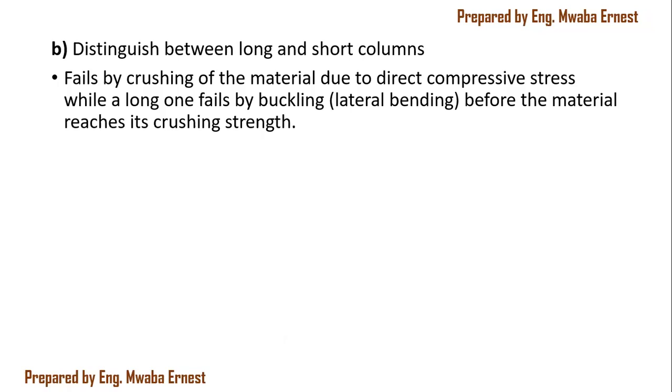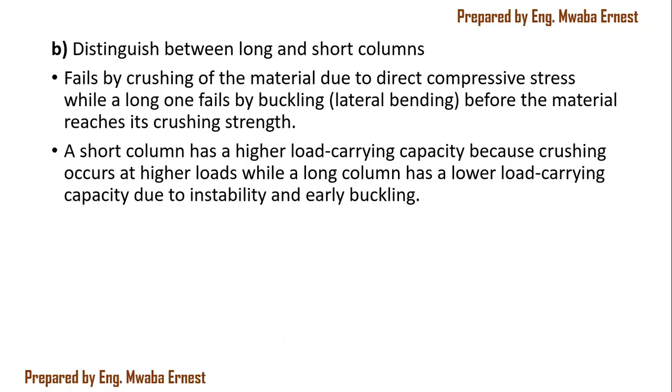Before the material reaches the crushing strength, it has to bend; then we know this is the long column. The other thing is that a short column has a high load carrying capacity for obvious reasons. It will not easily buckle, and buckling occurs at lower loads.